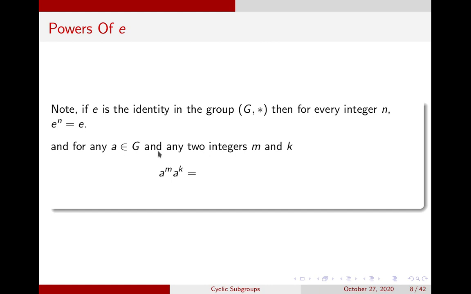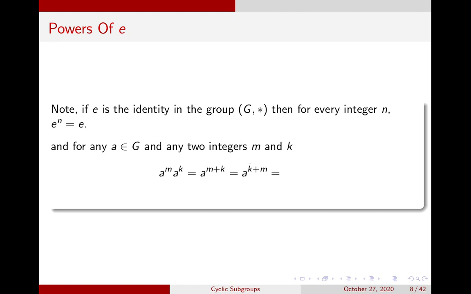And another thing to note is, if you have an element a of a group and you take any two integers m and k, then a to the m times a to the k, as we know, is a to the m plus k. And now here in the exponent we are adding two integers, and we know that integer addition is commutative.